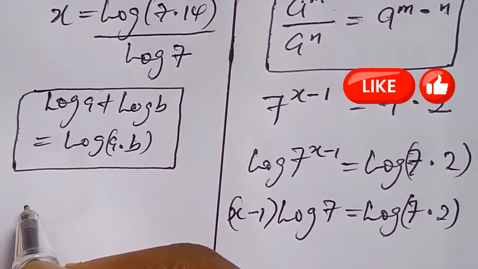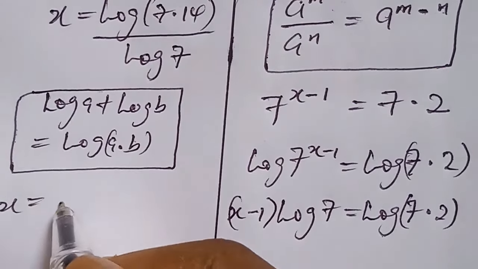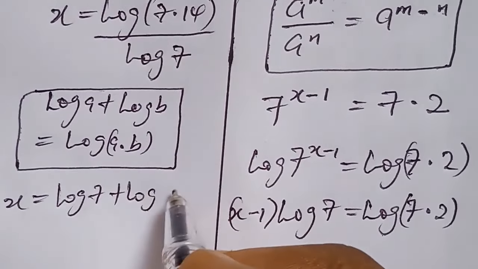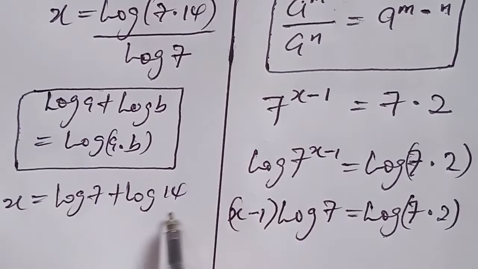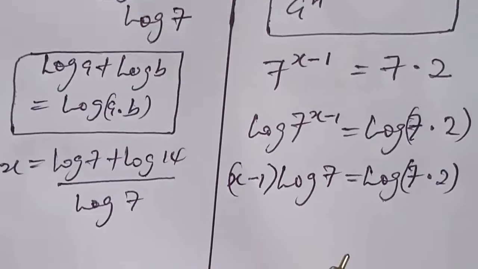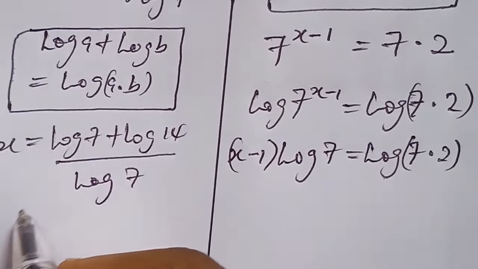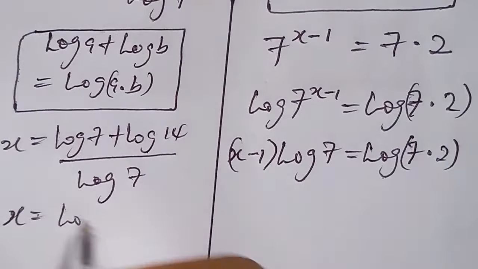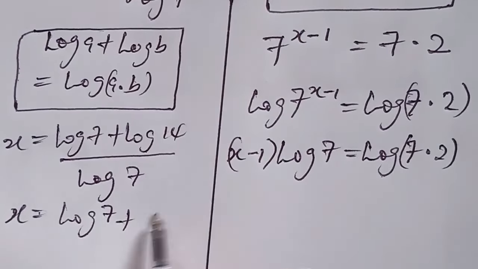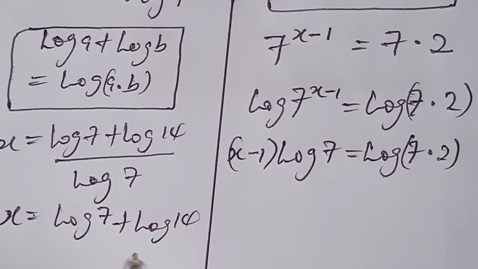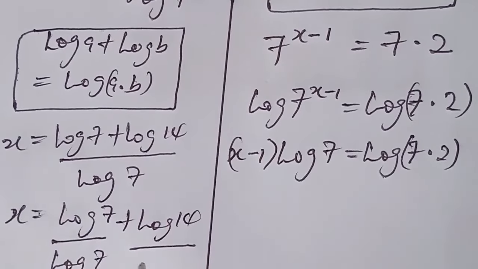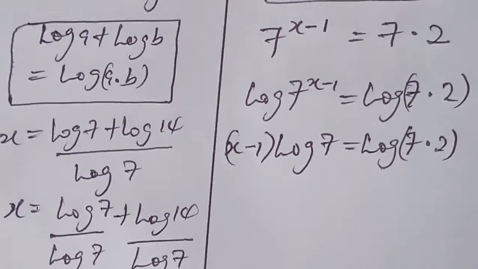x will now be equal to log of 7 plus log of 14, over log of 7. And that will give us x equal to log of 7 plus log of 14 over log 7.